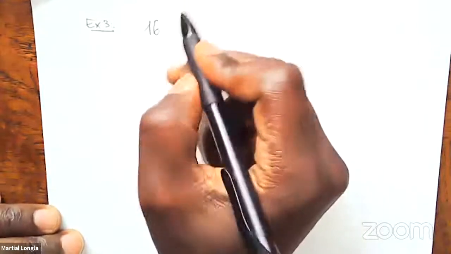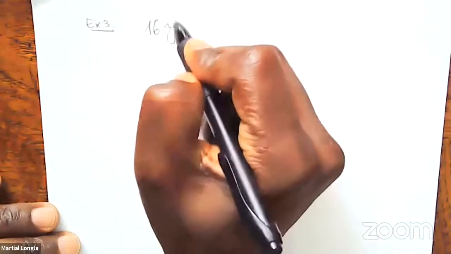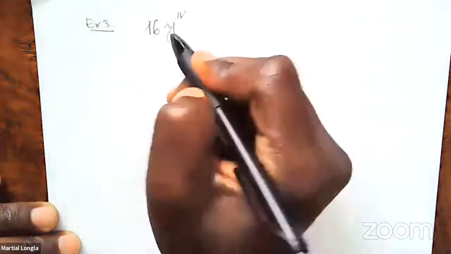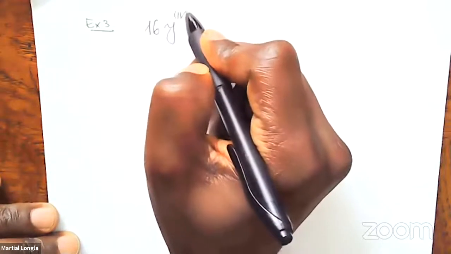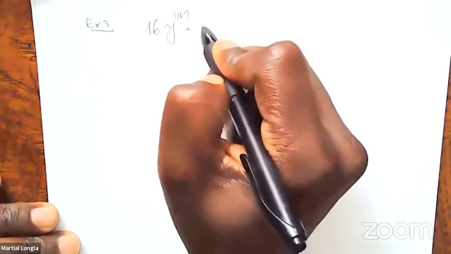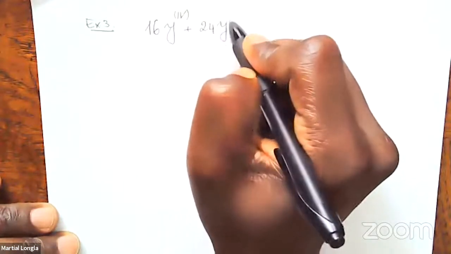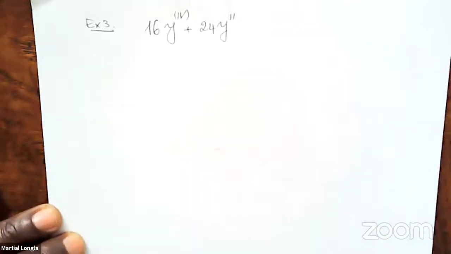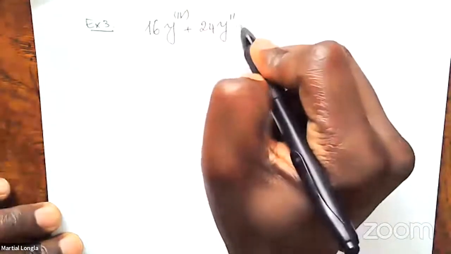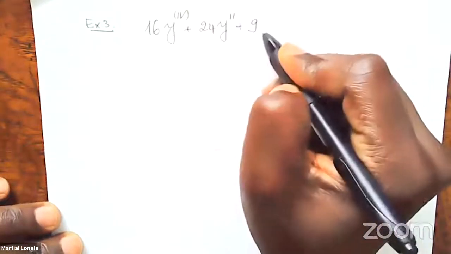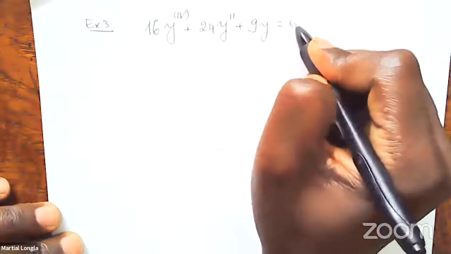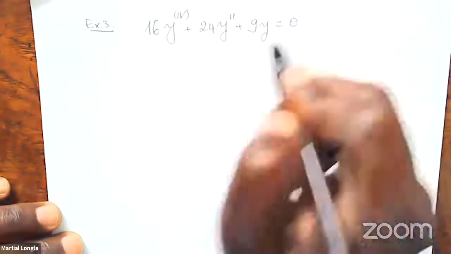And that example 3 is going to be 16 times the fourth derivative plus 24 times the second derivative plus 9y equals 0.